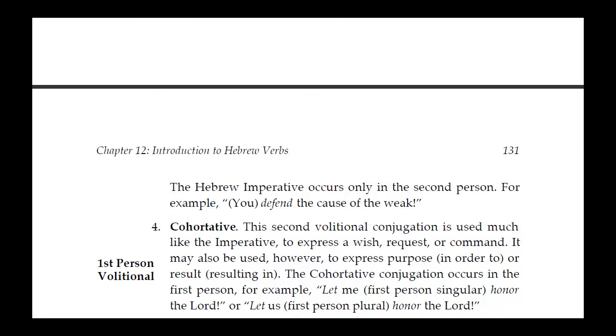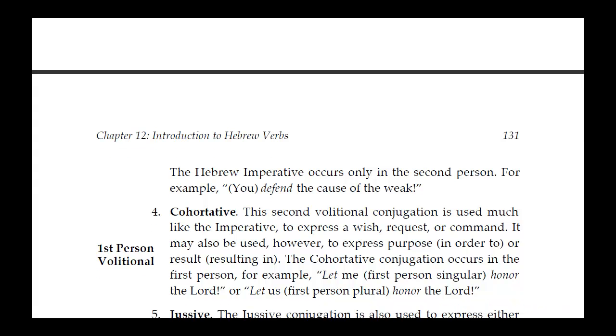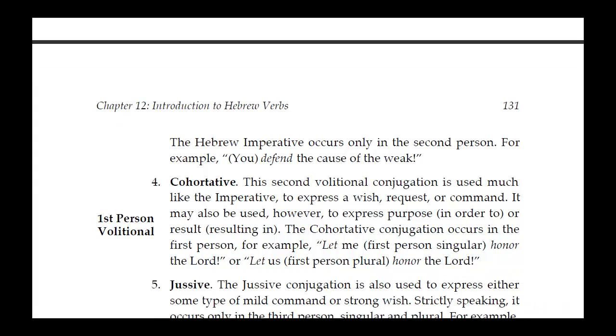The Hebrew imperative occurs only in the second person. For example, you defend the cause of the weak. And so imperatives are found only in the second person. Next, we have the cohortative. The second volitional conjugation is used much like the imperative to express a wish, request, or command.